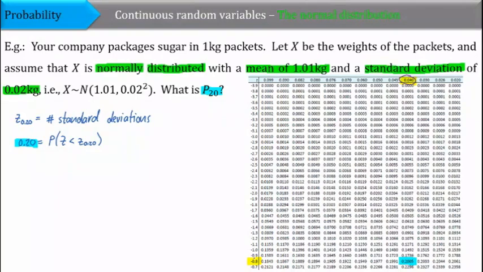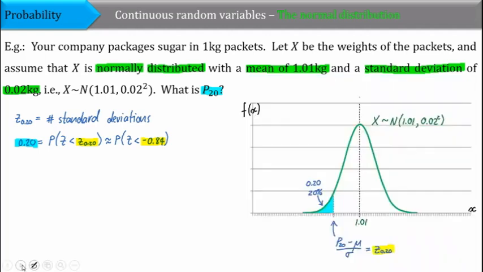So combining the two parts of the z-score gives us negative 0.84. And this negative 0.84 is the z-score that separates the lowest 20% of the data from the rest. So graphically, this negative 0.84 is the z-score at this point over here.